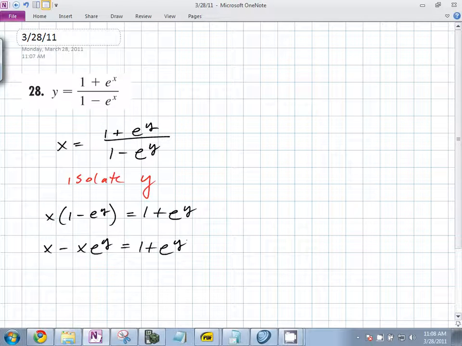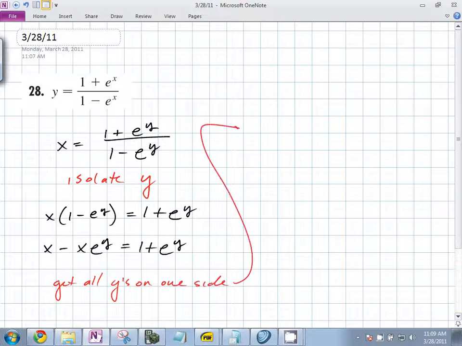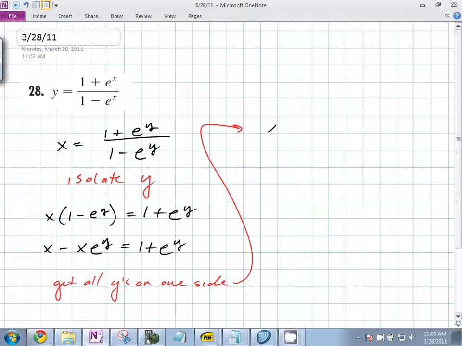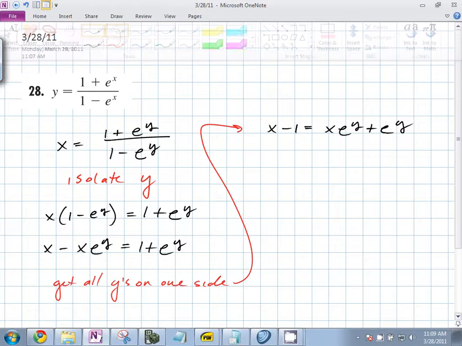What now? Again, our goal is to isolate y, so what do we need to do? Get all y's on one side. Yeah, let's make it x minus 1 is equal to x e to the y plus e to the y. Now what?